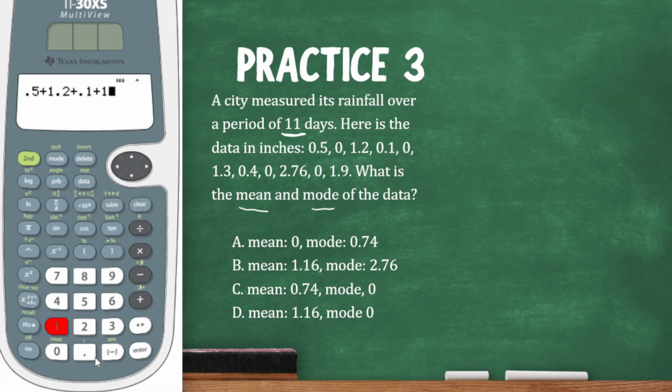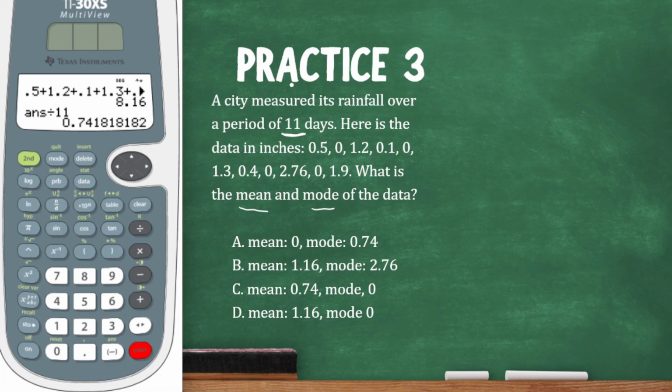Plus 1.3 plus 0.4, another 0 there, plus 2.76 plus 0 plus 1.9. So that's my total, and since there are 11 days, I'm going to divide that by 11. Okay, so our mean is 0.74.